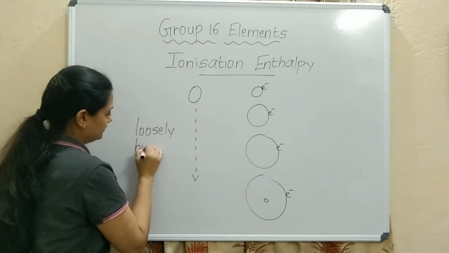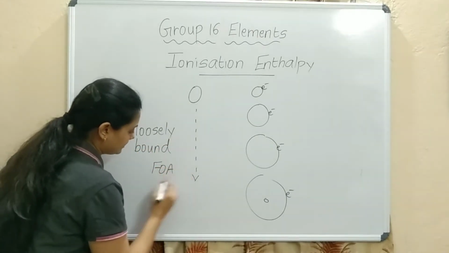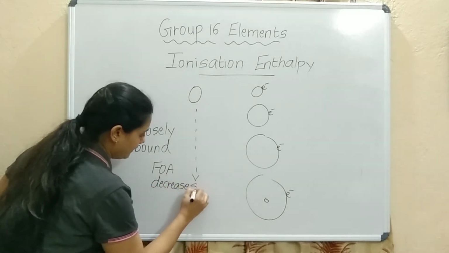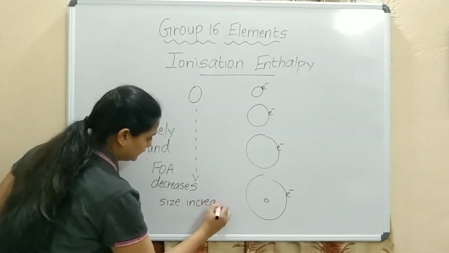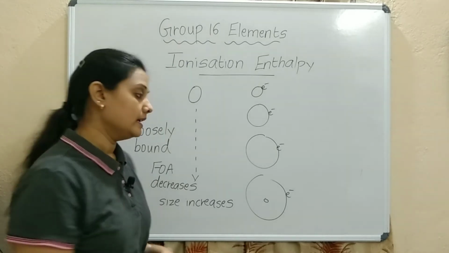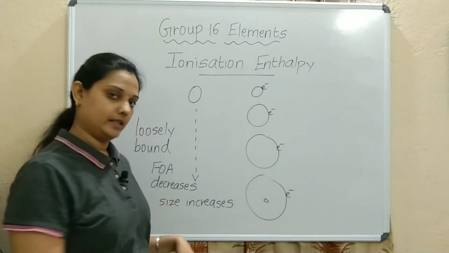loosely bound, or just in one word you write, force of attraction decreases down the group. Why? Because the size increases down the group. Why is the force of attraction decreasing? Because the electrons are very far from the nucleus. Correct?